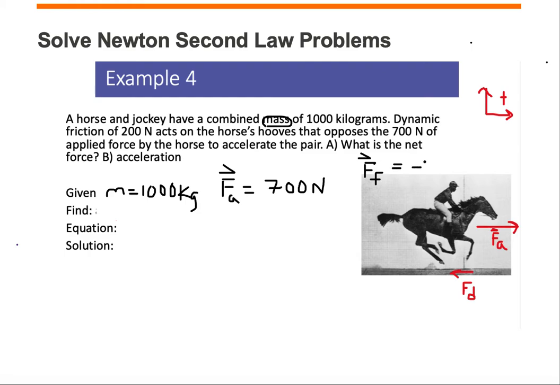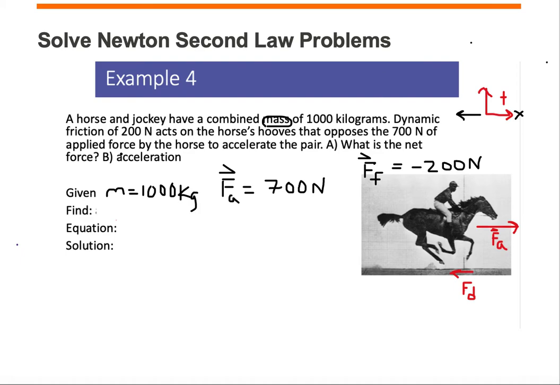So it's negative 200 because I declared up and to the right as positive. So to the right is positive, which is the force applied, but friction always goes in the opposite direction. So that direction in the x direction is negative. Hence I put a negative symbol in the force of friction.